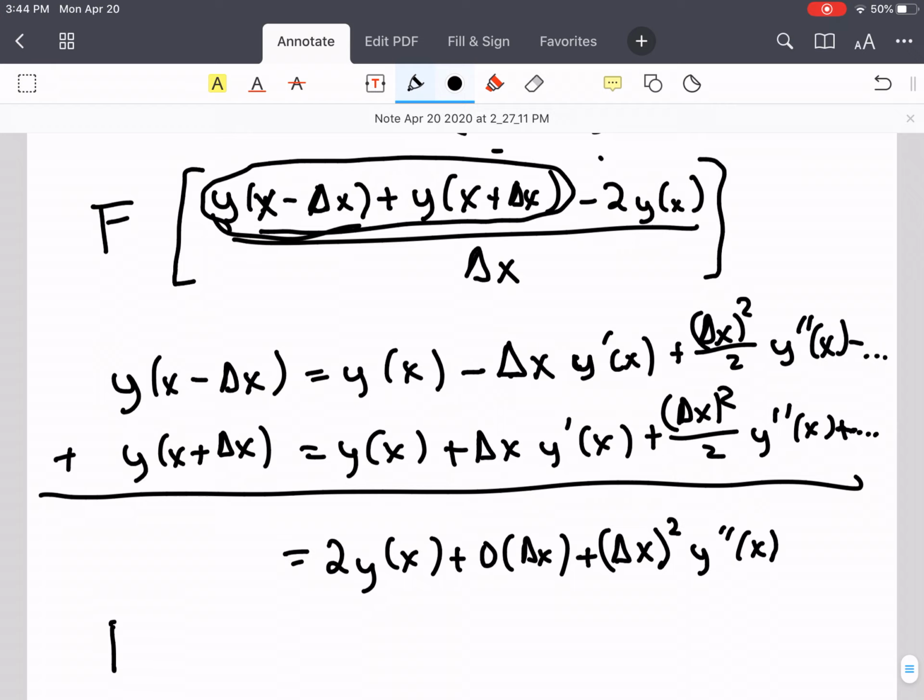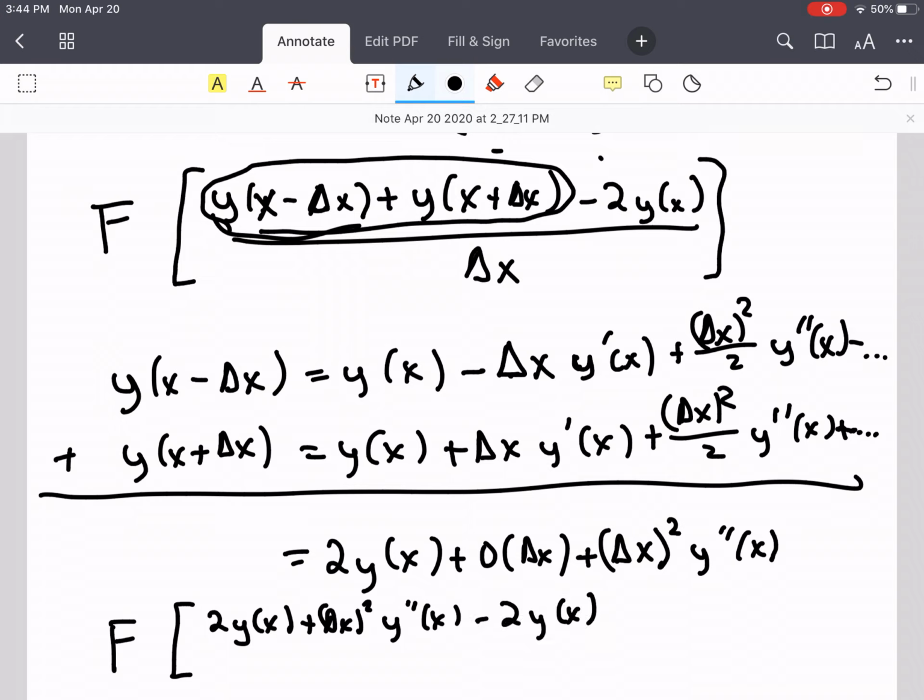We have tension F times 2y of x plus delta x squared times y double prime, plus higher order terms we're going to forget about, minus 2y all over delta x, and that is equal to the mass of the object, delta m, times the acceleration in the y direction.